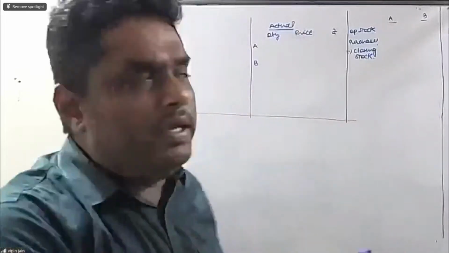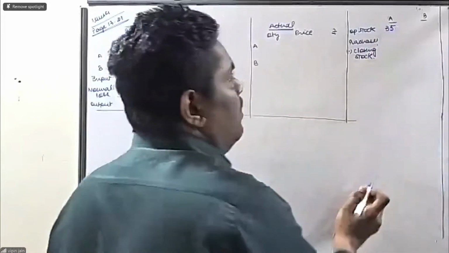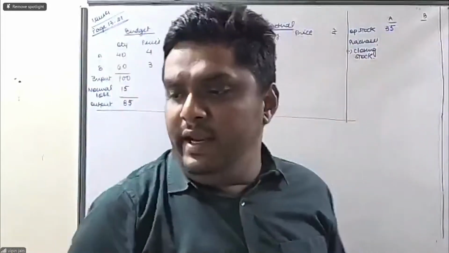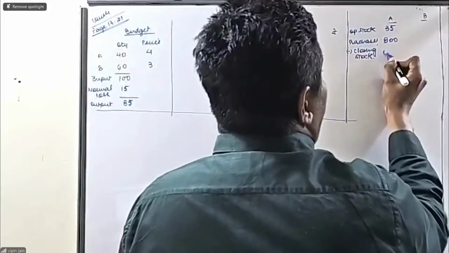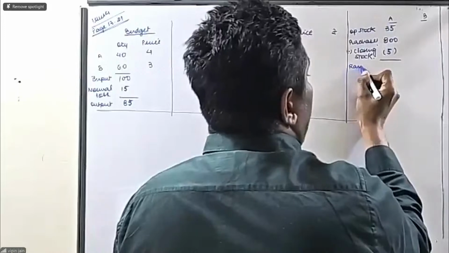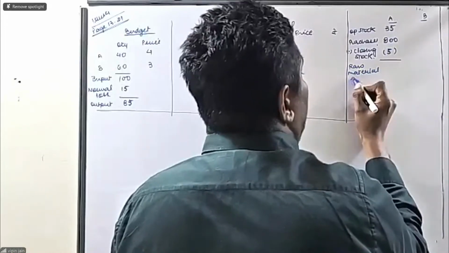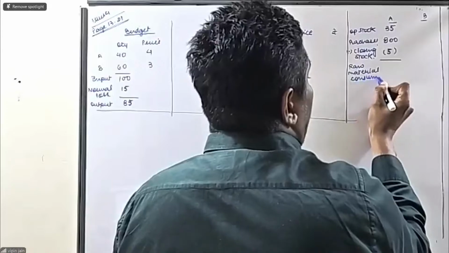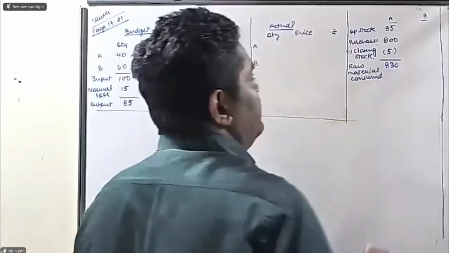So my opening stock is 35. My purchases made are 800. And my closing stock is 5. So my raw material consumed will be how much? 830.